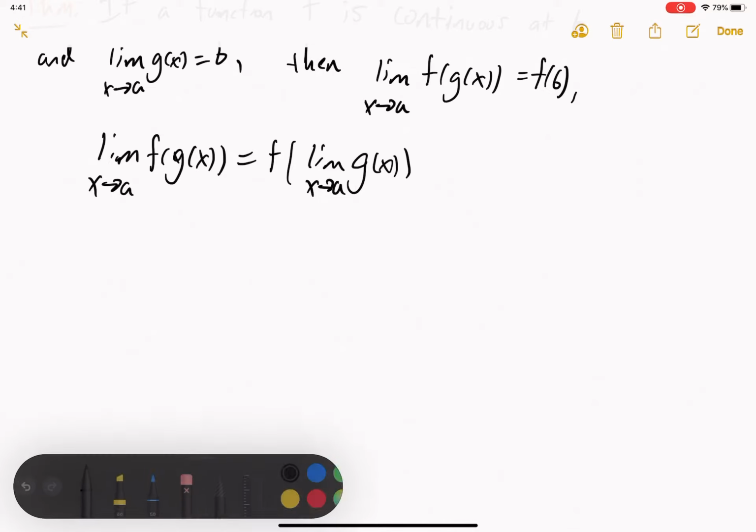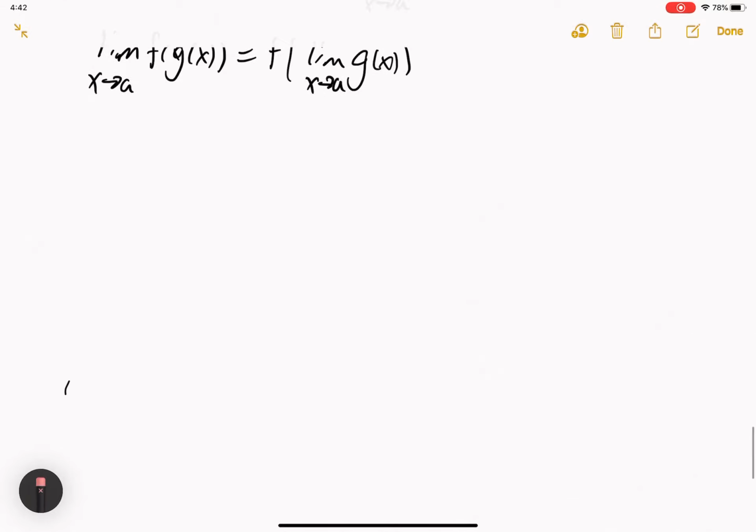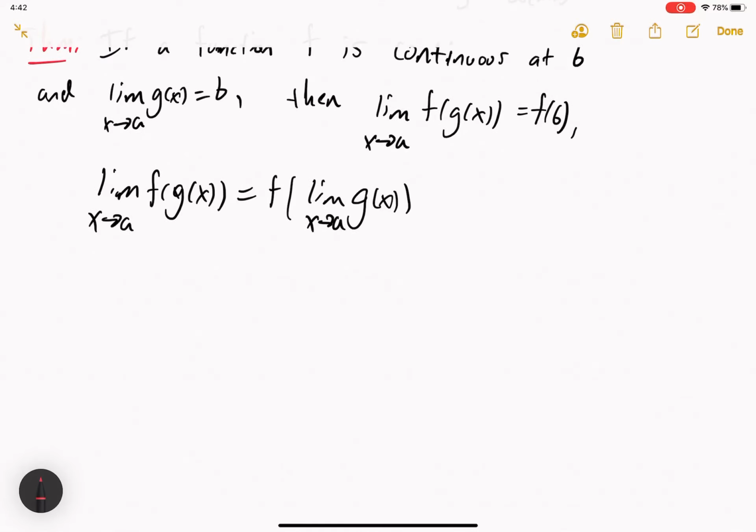Because another way we can see continuity, which honestly when I first saw it, I was like, wow, this is awesome. Another way you can define continuity is to say the limit as x goes to b of f of x is equal to f of the limit as x goes to b of x.